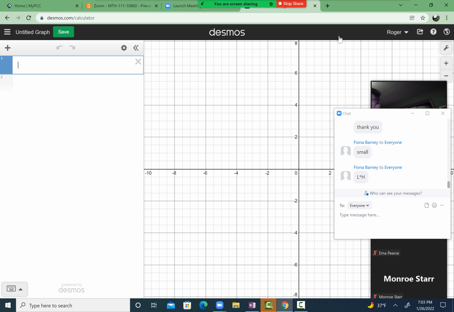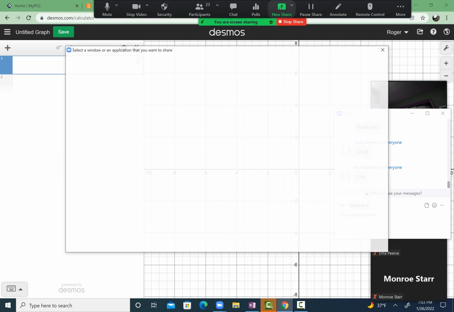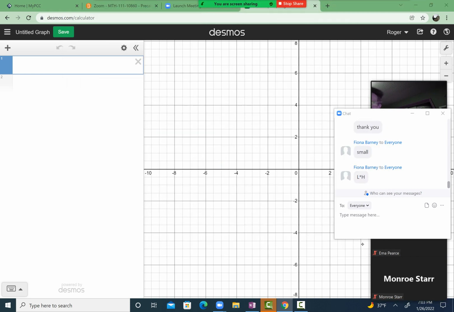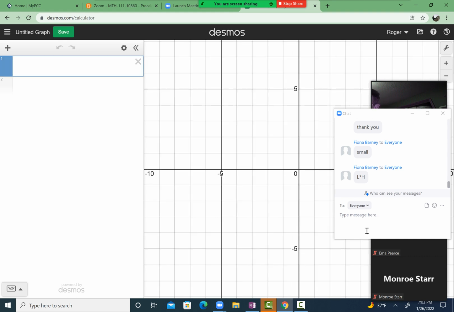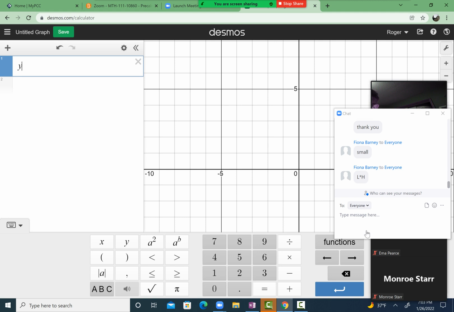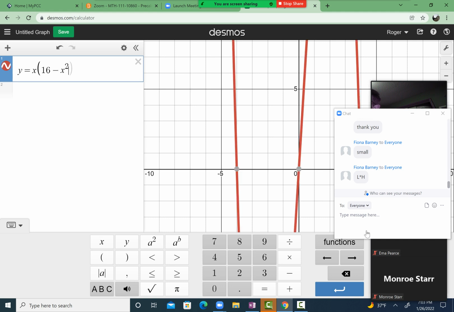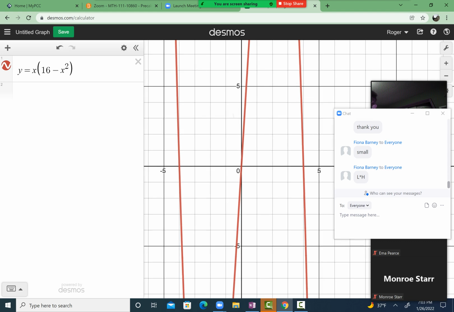And of course, I have to make sure you can see it. There we go. All right, so here I go. Now I'm just going to type it as y equals x times 16 minus x squared, because that's what it is. All right, so then I have this function here.